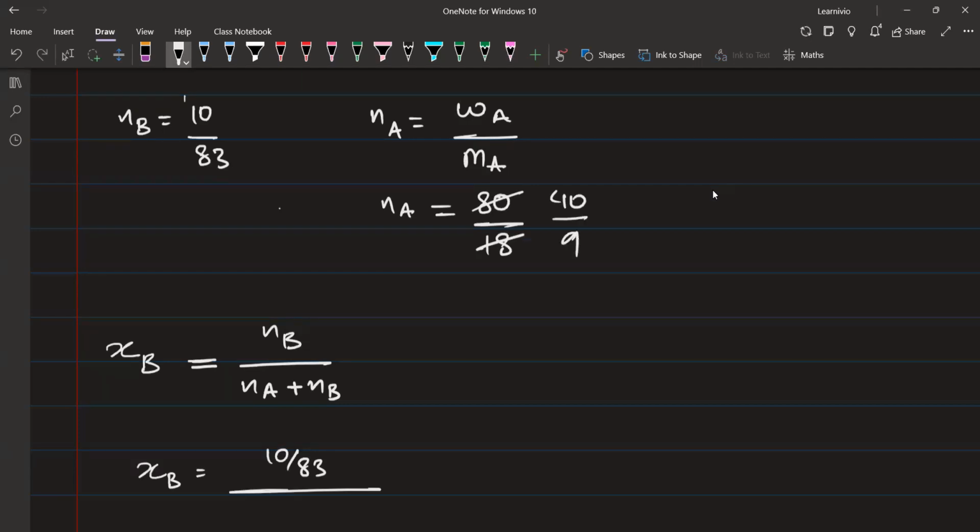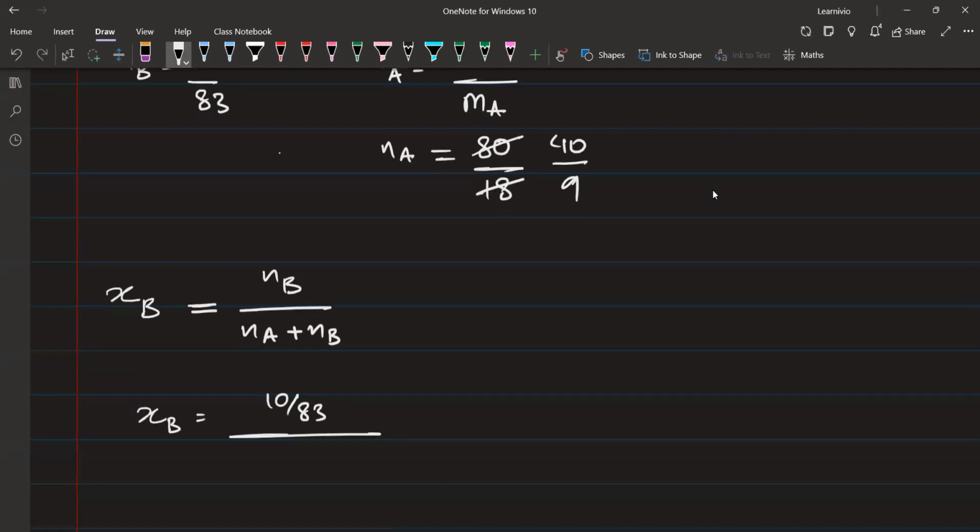We cannot do any more, so I will plug this here. It will become 40 upon 9 plus 10 upon 83, right? 10 upon 83. Okay. Solve this. How will you like to solve?